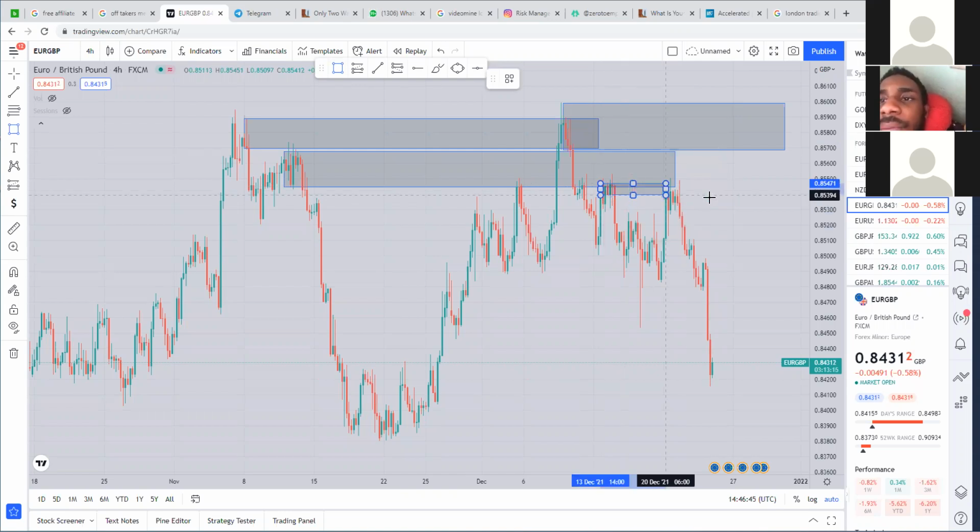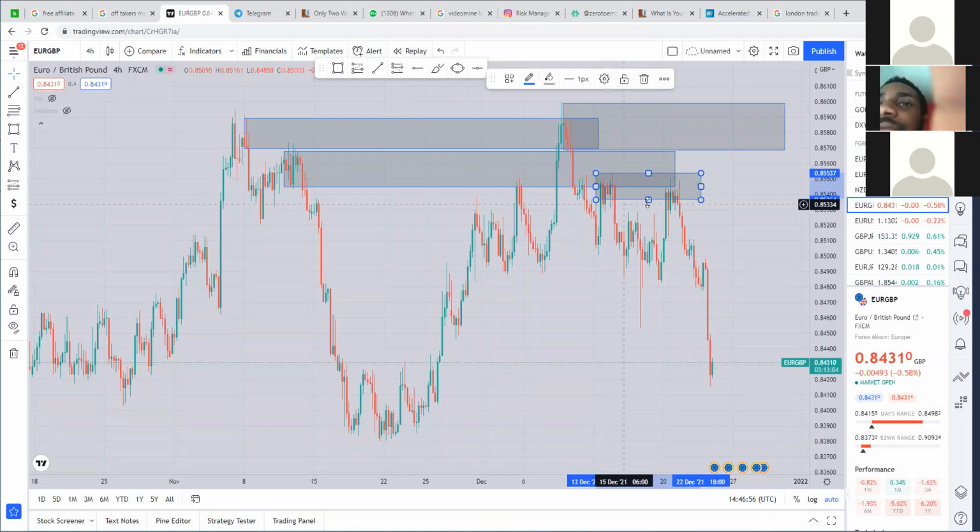There were orders here. This rejection candle could have been your range, and then your stops could have been placed, and just pick an entry somewhere around here, and then let it fly.